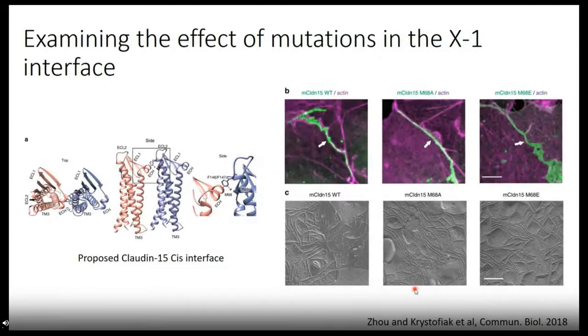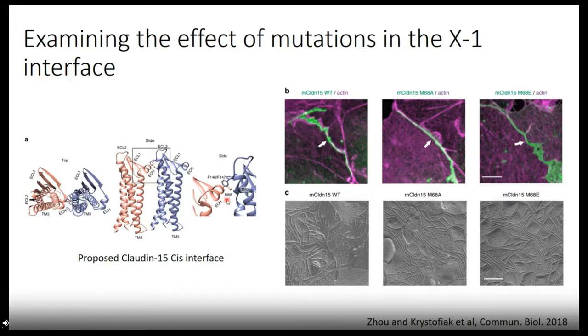So we started by looking at the crystal structure and what residues were proposed to interact in the previous study. And that was the methionine 68 in Claudin 15 with the phenylalanine 146, 147. Now, these 146, 147 are well known to be important, and if you mutate those, strands do not form.